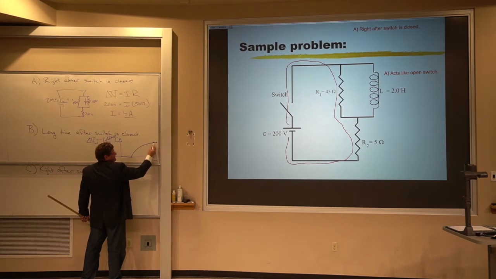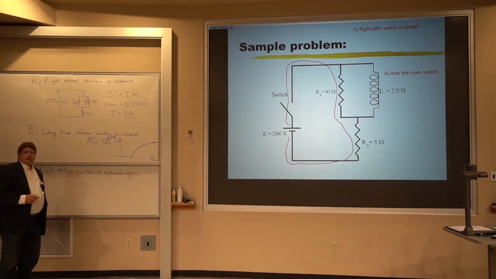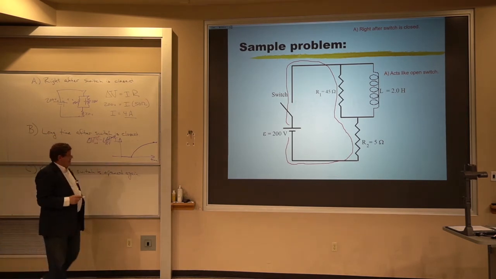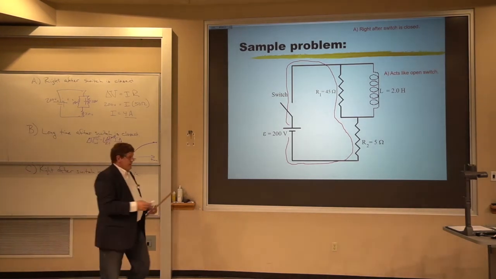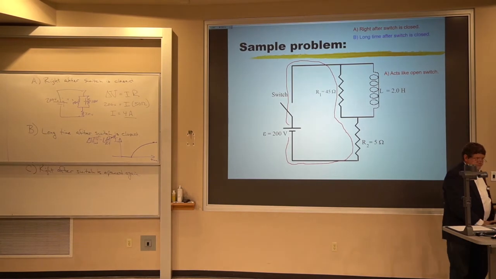It's already, in this case, 40 amps, 40 amps, 40 amps. The change in current, if it's always 40 amps, is 0, and that means the voltage across the inductor goes to 0. And then the inductor acts like a wire.